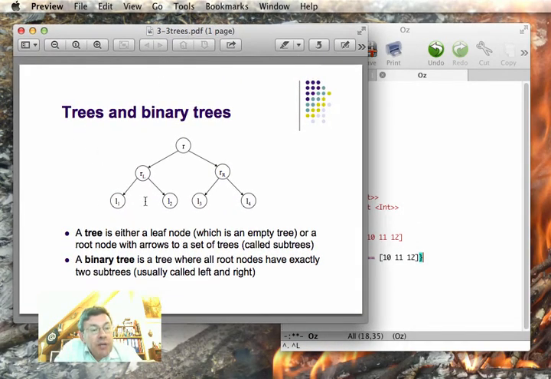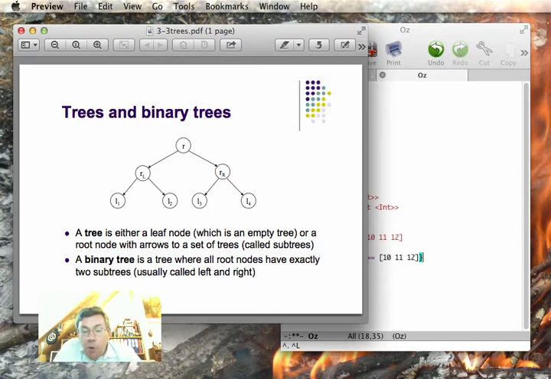So here's an example of a tree. A tree is either a leaf node, a single node, which is an empty tree, or a root node with arrows to a set of trees, subtrees. In this particular diagram, there are two subtrees of this R root. And a binary tree is a tree where all root nodes have exactly two subtrees, one of which is called the left and the other one which is called the right subtree.